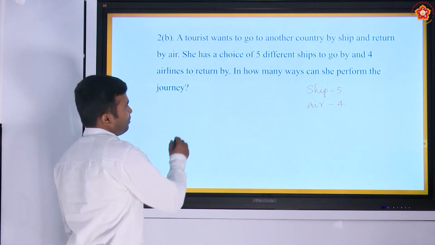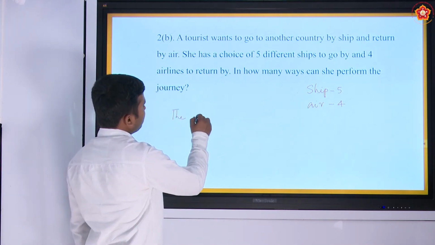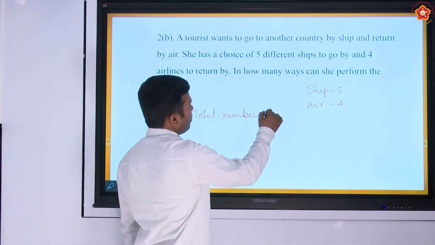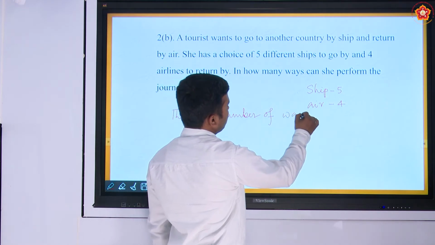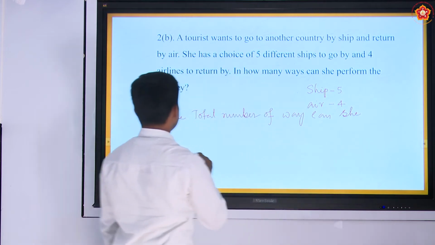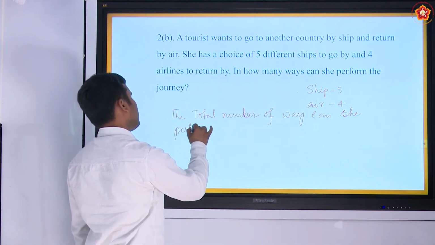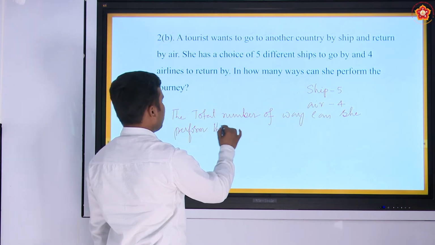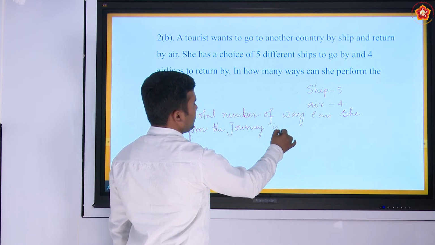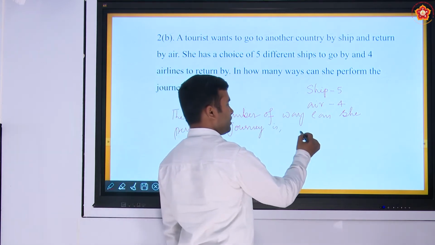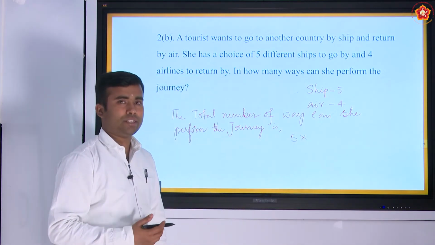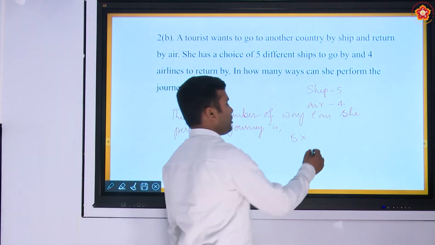The total number of ways she can perform the journey is, see, there are 5 outcomes for going and she can return by 4 ways.